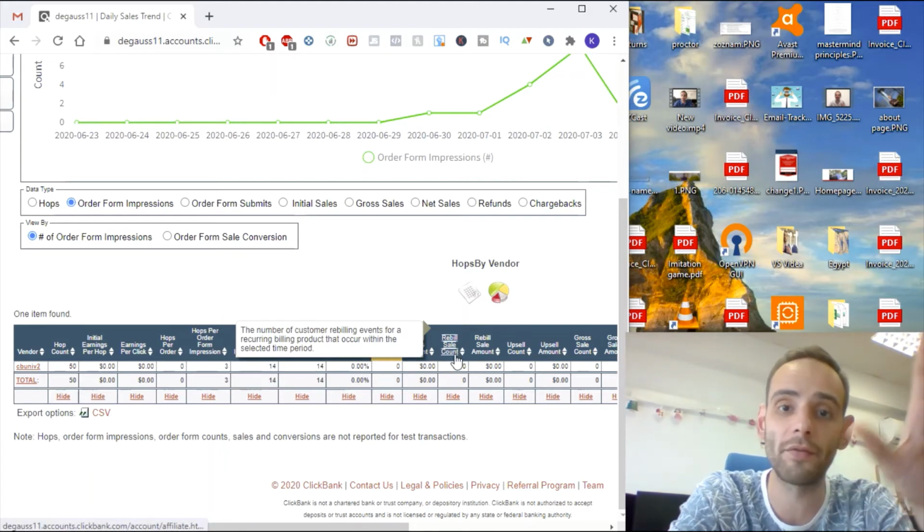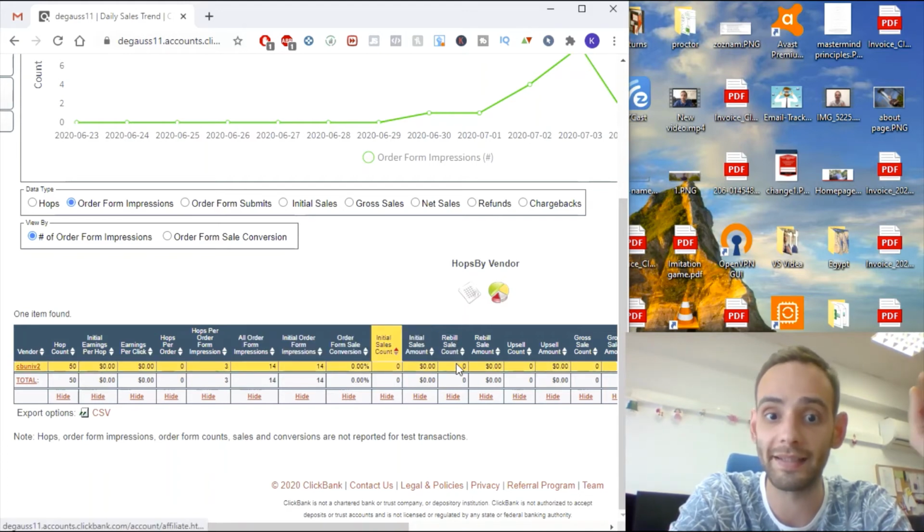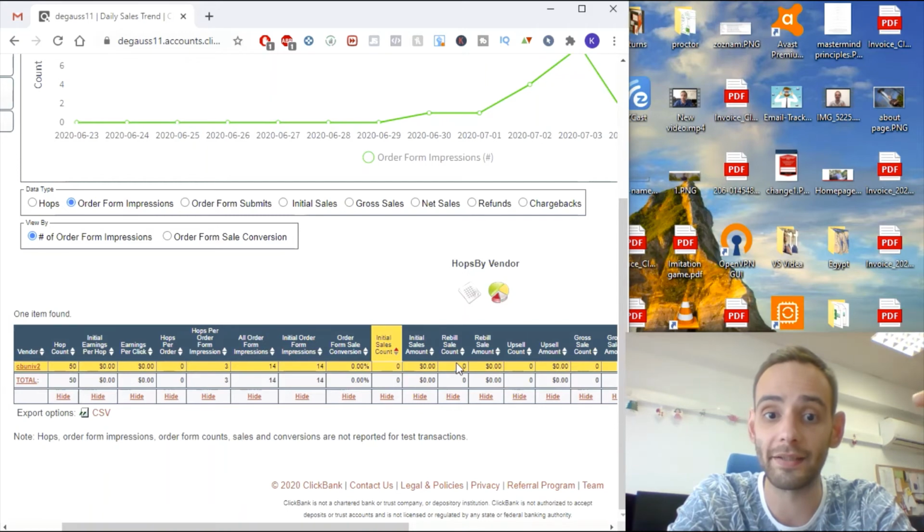Rebill sale count, this is what I was talking about in the first table, where I mentioned in the last transaction quality that you can see over here also sales that you have made as a rebill or an upgrade, that you don't necessarily get a commission for, and that's where this is going to be seen as well, in the rebill sale count.